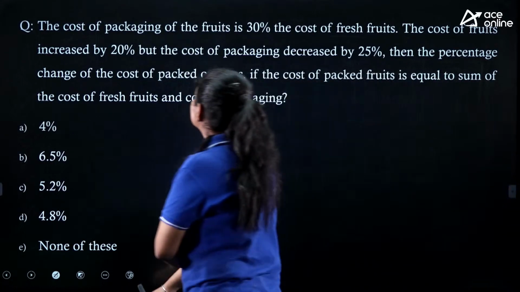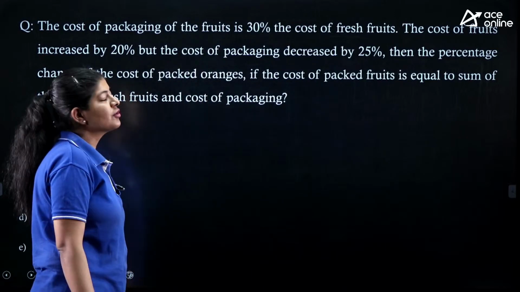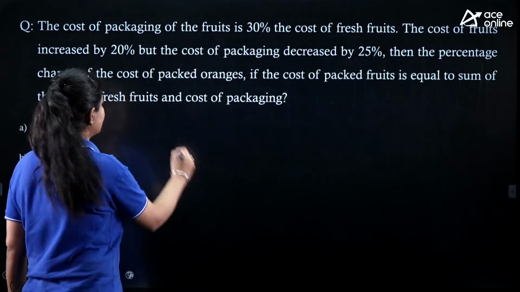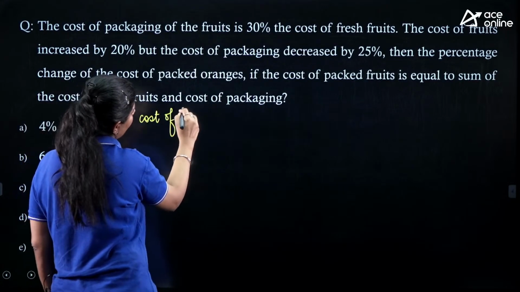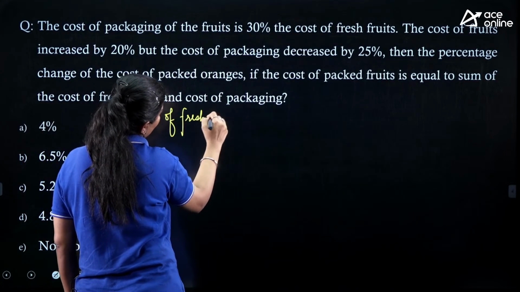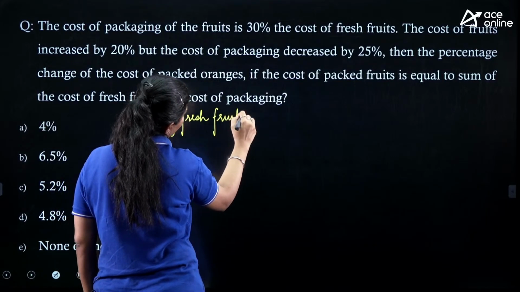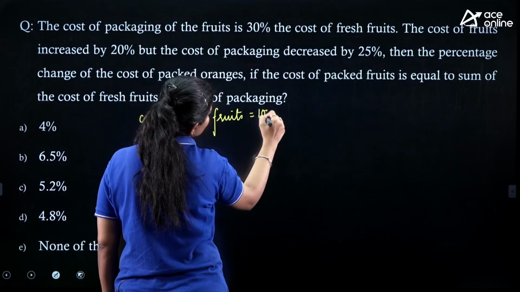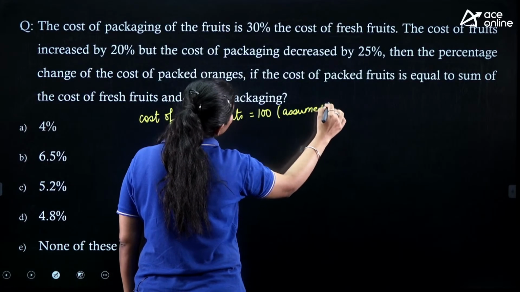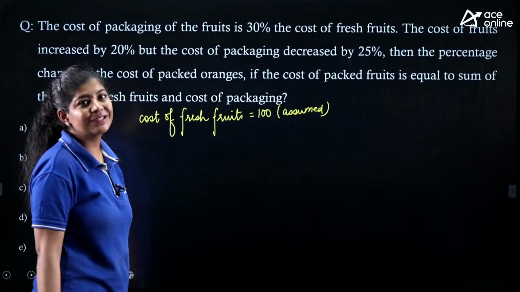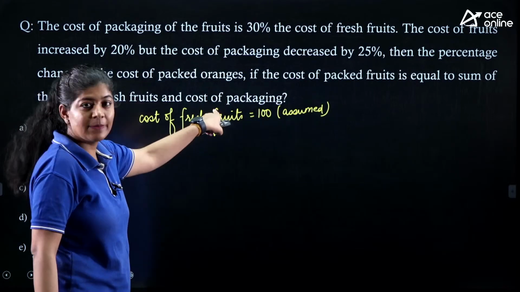Now try to solve this particular question. Okay, let's start discussing. I'm just assuming that the cost of fresh fruits is 100 rupees. I'm just assuming this value. The question is saying that the cost of packaging of fruits is 30% of this particular cost.